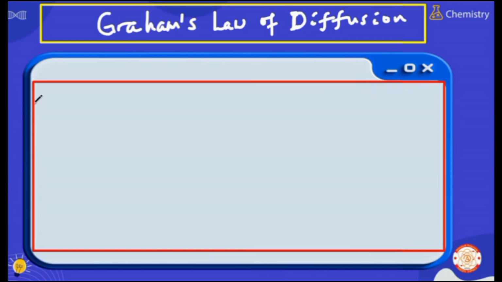So Graham's law, he studied gases and their movement.